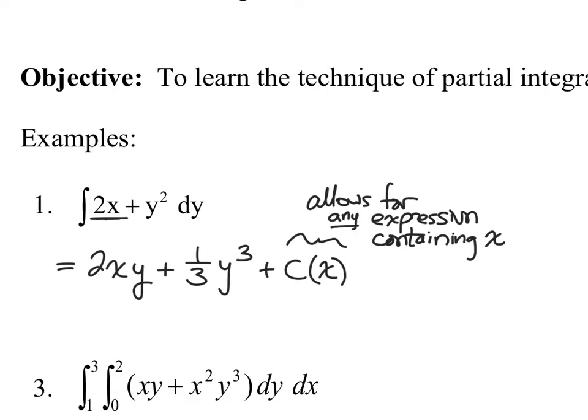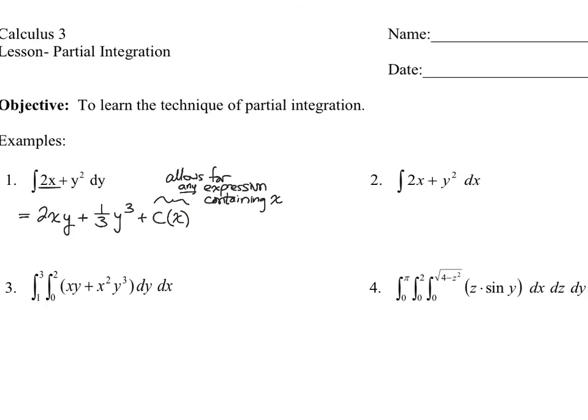So let's say, for example, I said my final answer was 2xy plus 1/3 y cubed plus the sine of x. Well, sine of x has a derivative with respect to y that's equal to 0, so that would check out. All right. So a little bit different, but nothing too crazy.